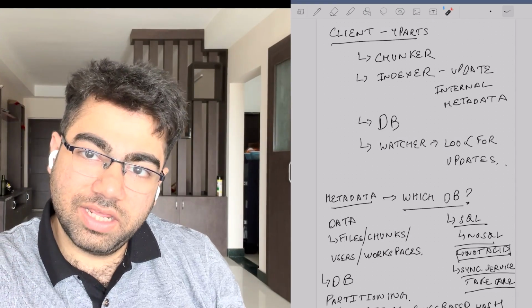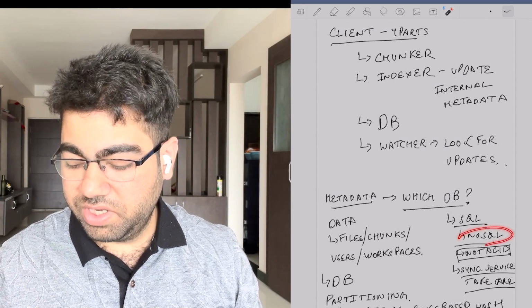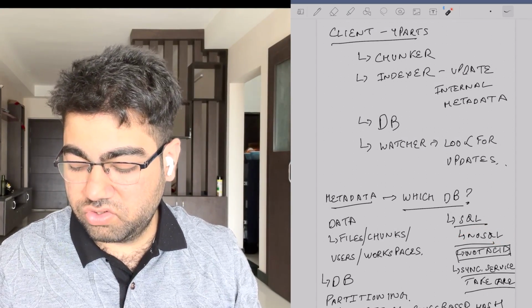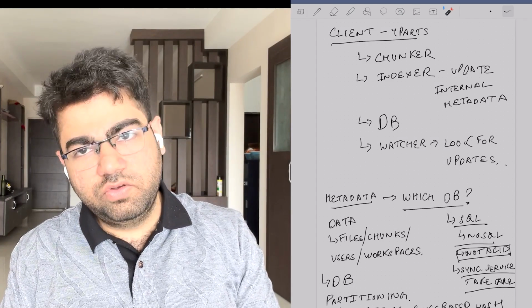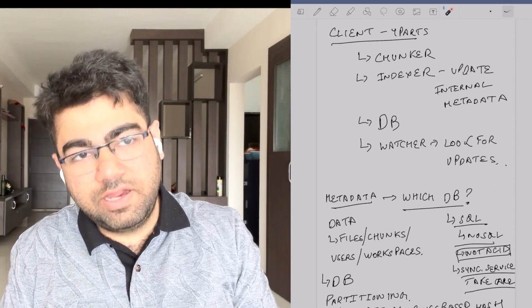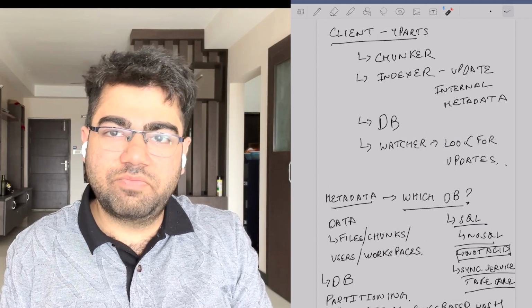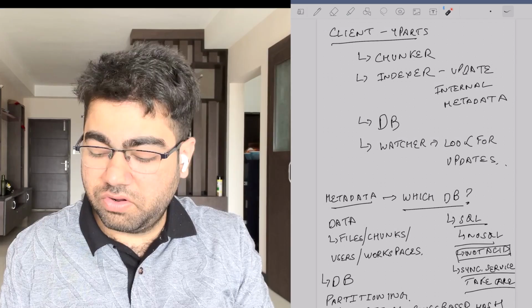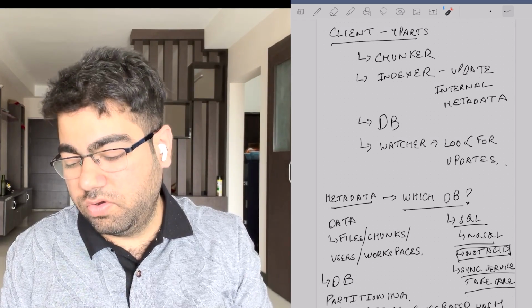So to maintain a consistent state, you would have to take locks on this NoSQL database, and that would be the job of the synchronization service. So this can cause some issues because we have to take locks, which is never a good decision in any design. Sometimes it becomes necessary, but it also comes with a lot of performance constraints, which you want to avoid.